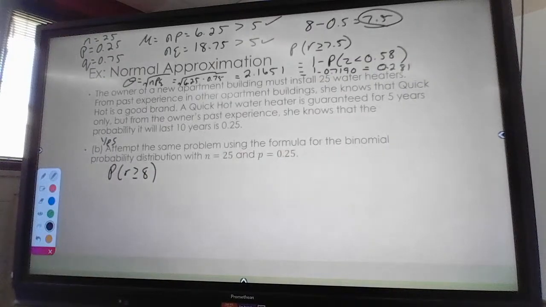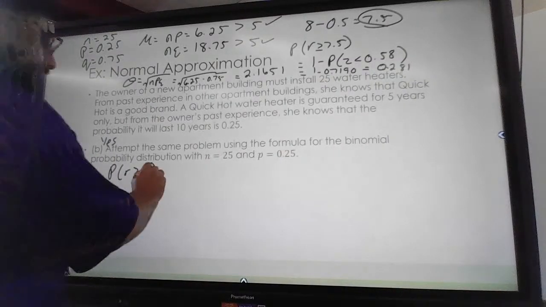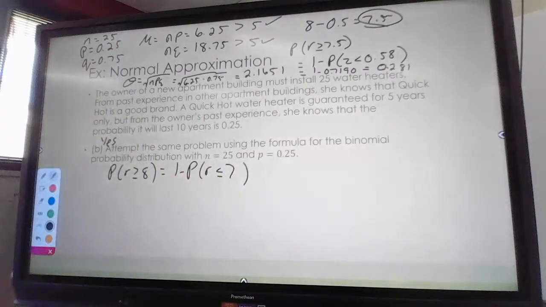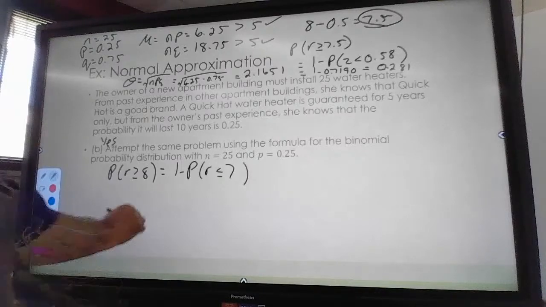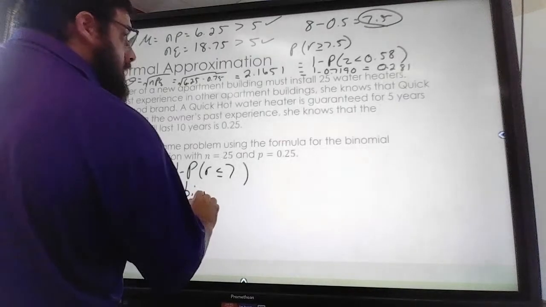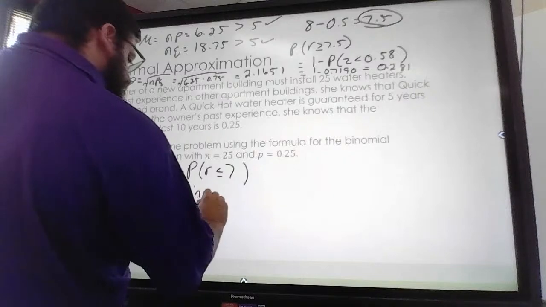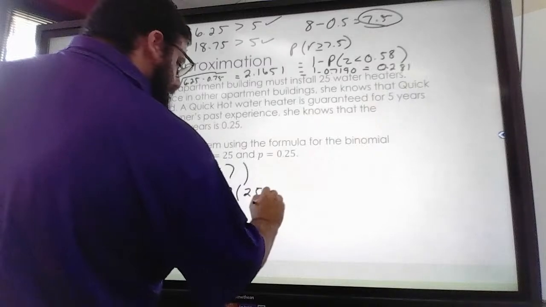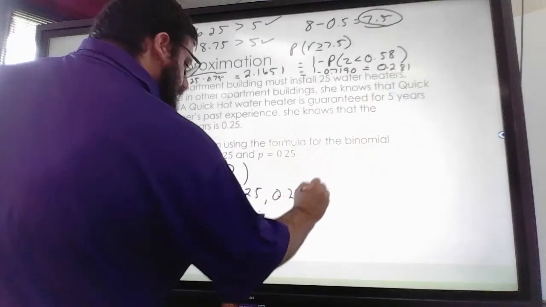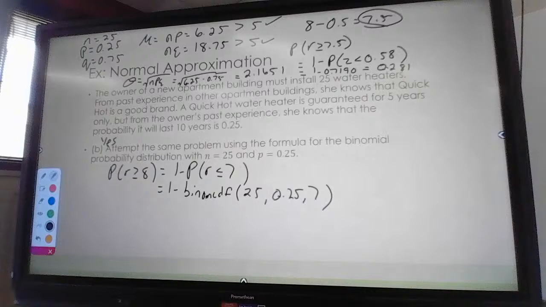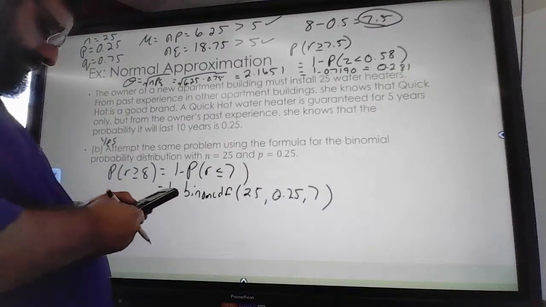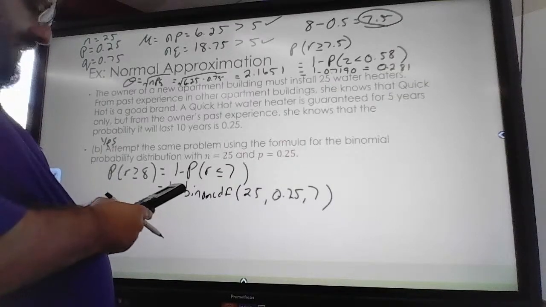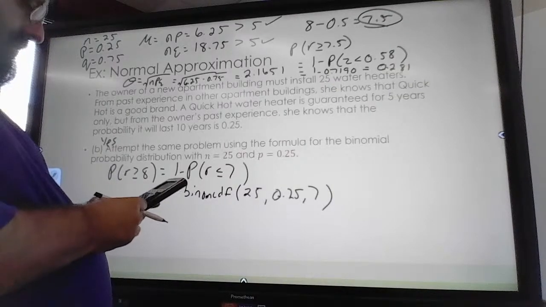That means I want 1 minus P of R less than or equal to 7, and this is a binomcdf. So 1 minus binomcdf with my n being 25, my p being 0.25, and my r being 7. Let's put that into our calculator: 1 minus binomcdf, 25, 0.25, 7.